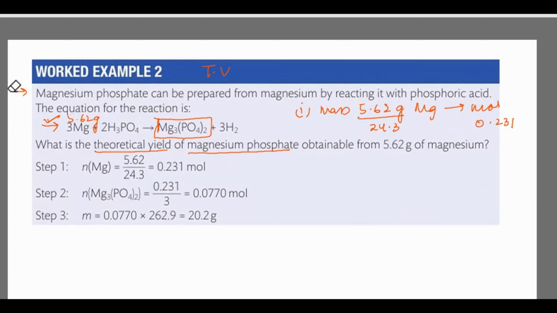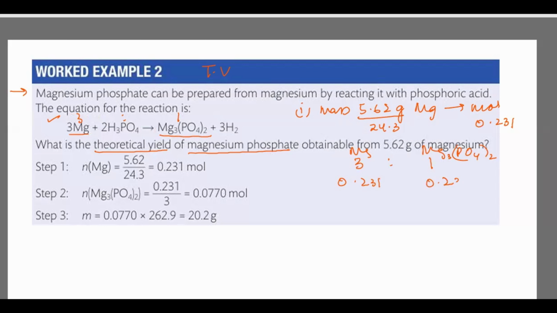Now from the equation, we know the ratio is 3:1. So 3 moles of magnesium are giving you 1 mole of magnesium phosphate. We're getting 0.231 moles of magnesium, so for magnesium phosphate, whatever moles they have given us, we will divide by 3.